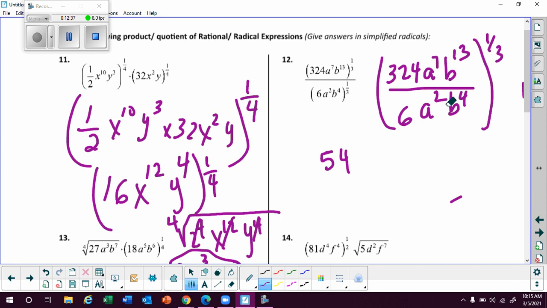So a7 over a squared, you subtract 7 minus 2, gives you a5, right? And 13 minus 4 is b to the power of 9. So this is the same thing as the cube root of 54 a5 b to the power of 9.